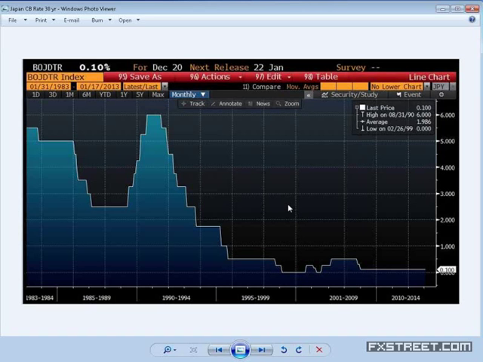Now, QE has not created inflation, but it will create, I believe, a strong trend in the FX market if it is in fact withdrawn. So that would be the only caveat I see as far as the change in the euro this year.